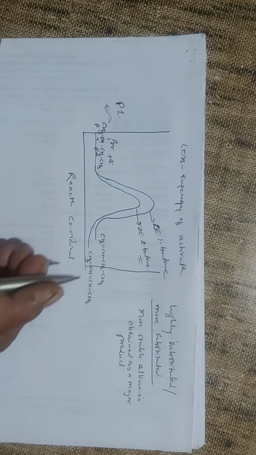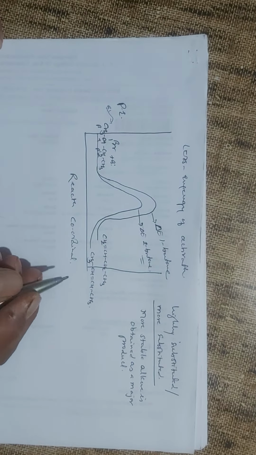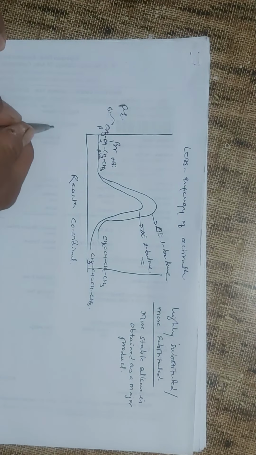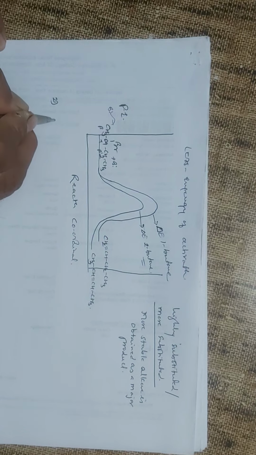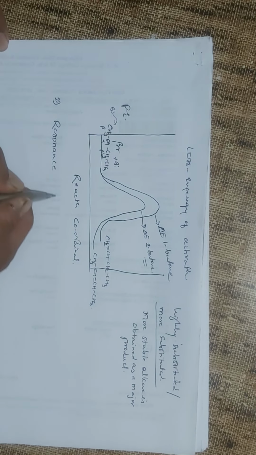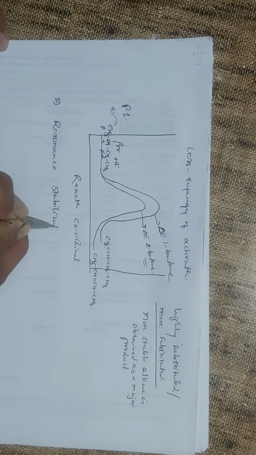The stability of alkene can also be determined by the resonance stabilization. Here the inductive effect is playing the important role, and the second thing, that is the resonance stabilization, can also occur in some of the molecules. How can the resonance stabilization take place?